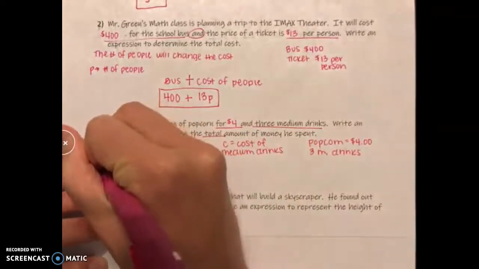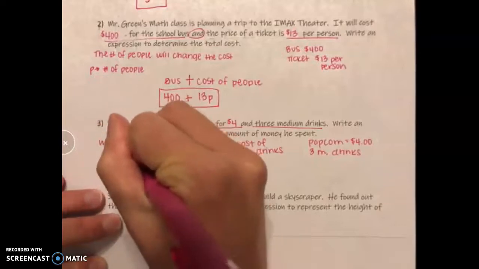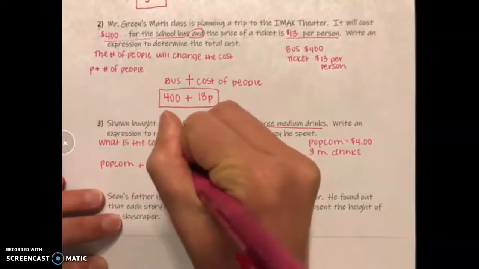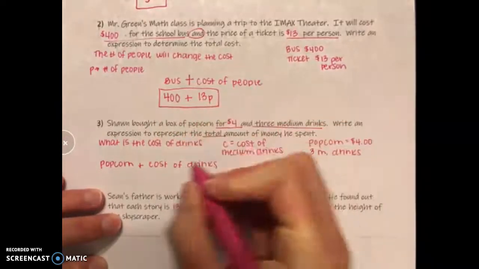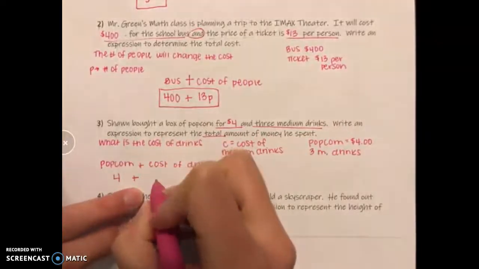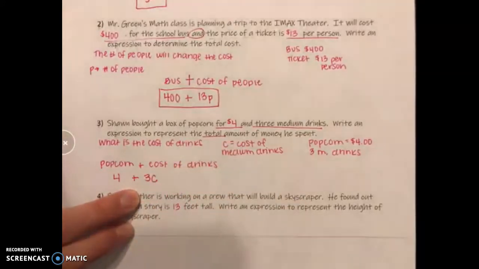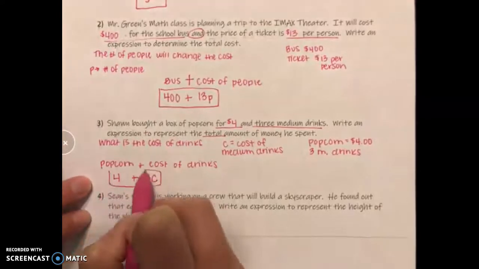So we know we're going to be paying for popcorn plus the cost of the drinks, as we're finding our total, which would be to add. So popcorn was $4 plus, do we know what the cost of the drinks is? No, but we know we bought 3 times whatever the cost is. So 3 drinks times whatever the cost. So 4 plus 3C.